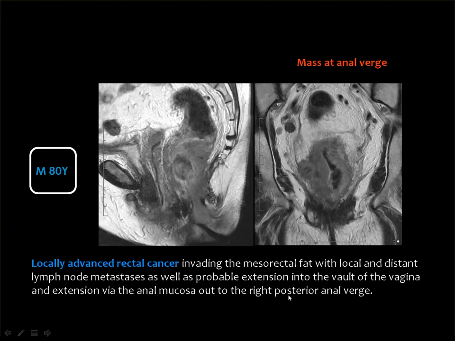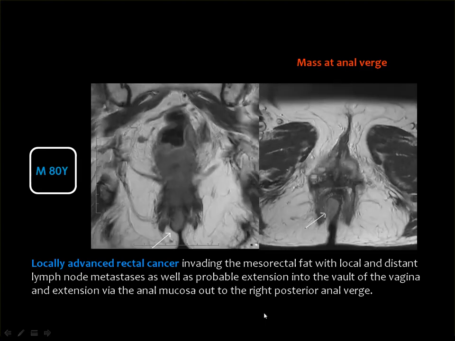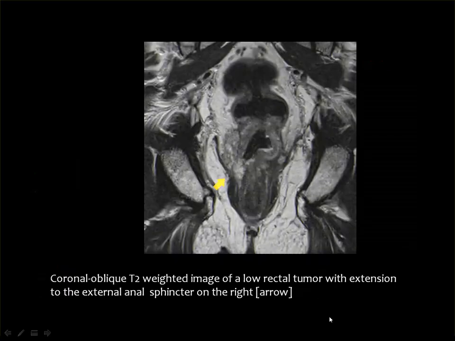Also, you may get an advanced rectal carcinoma that extends into the anal canal, and this is seen in clinical practice, and I have mentioned it in the lecture of rectal cancer, and you can see the extent of the rectal cancer into the anal canal.